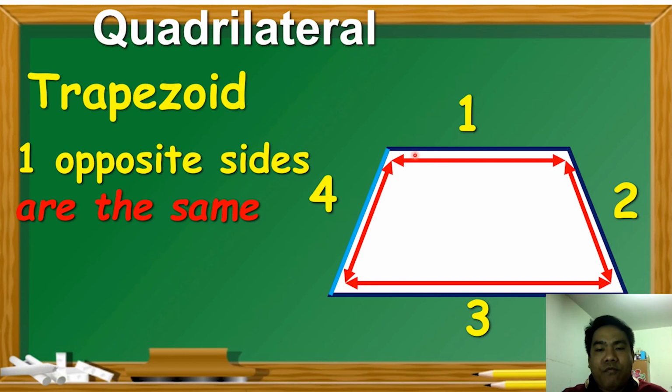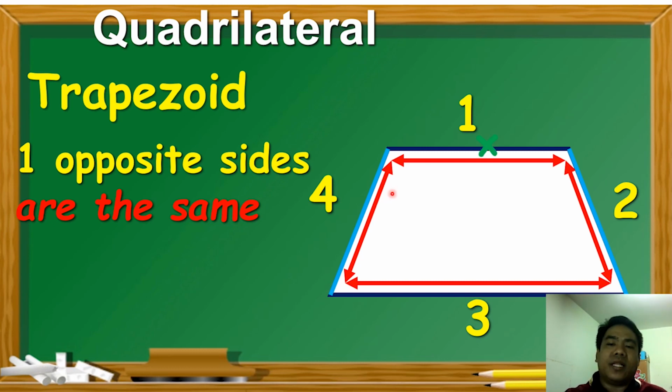So we have 4. The length of side number 4 is the same as the length of side number 2. Number 4 is opposite number 2, so they have the same length.